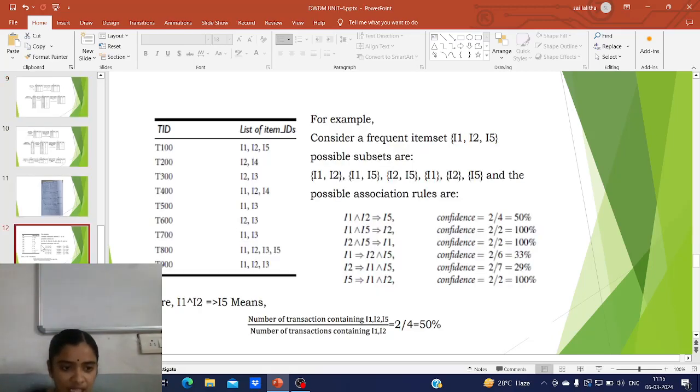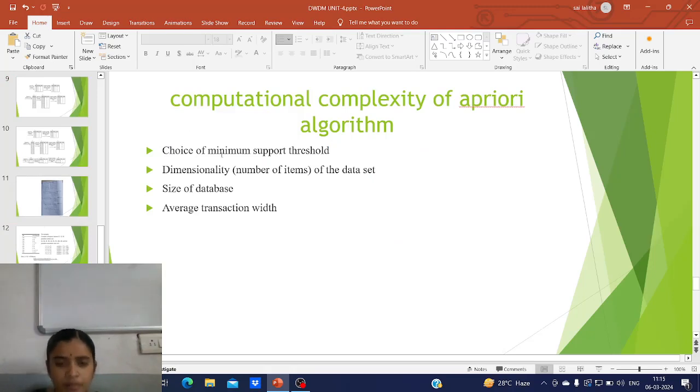But if you are taking a minimum support count that is lower, you can generate more candidate item sets and more frequent item sets. The generation of candidate item sets in the Apriori algorithm is very slow. It takes too much time to generate the candidate item sets. The second one is dimensionality.